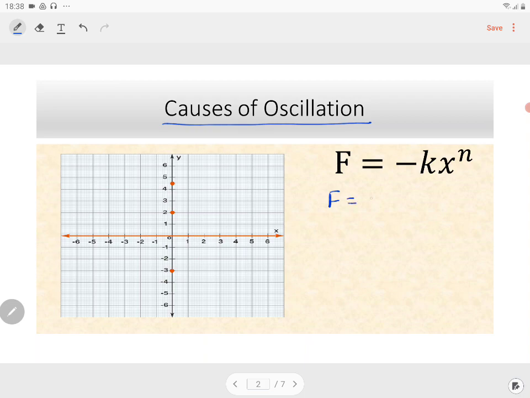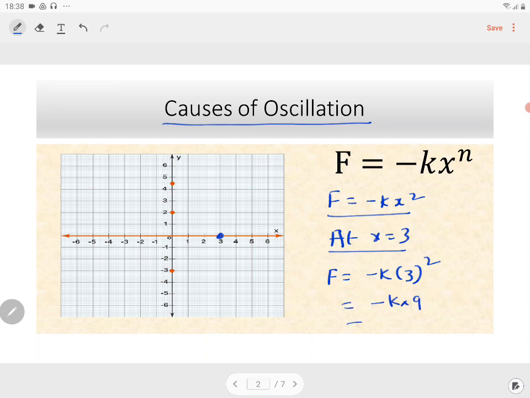If the force is F equal to minus kx square, and we place the particle at x equal to plus 3, what is the force acting? F is equal to minus k into 3 whole square, that is minus 9k. That means the force is negative, directed towards the left.